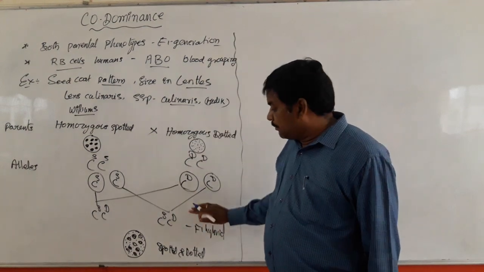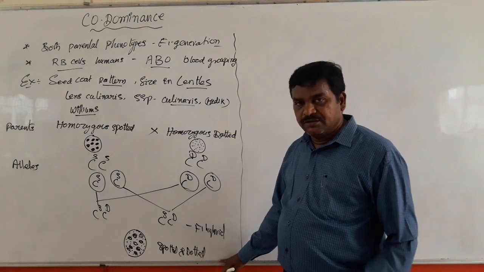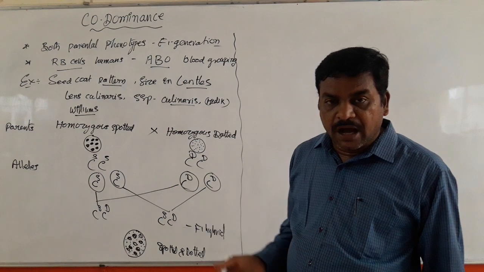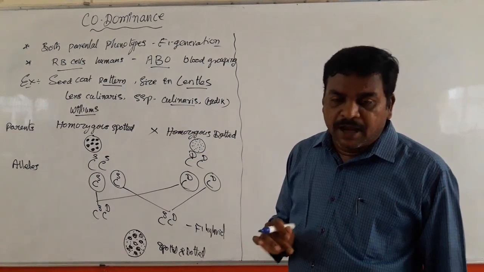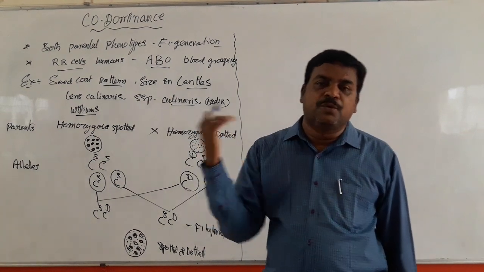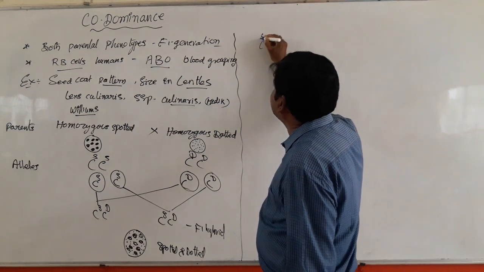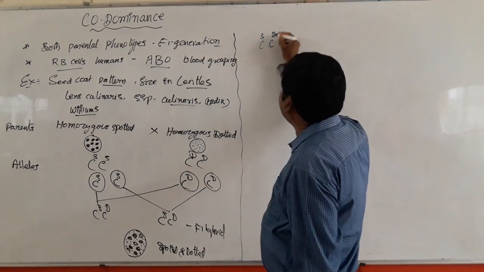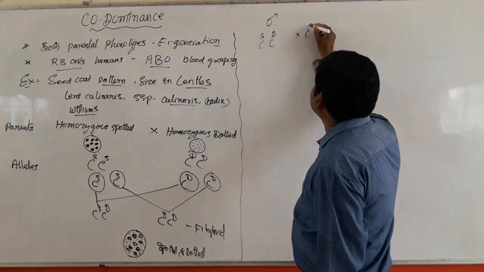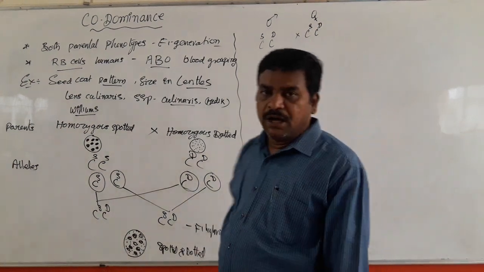Mendel also selfed these F1 hybrids, obtained F2 progeny, and explained the phenotypes and genotypes in the F2 progeny. Here CS CD is considered male, and CS CD is considered female.